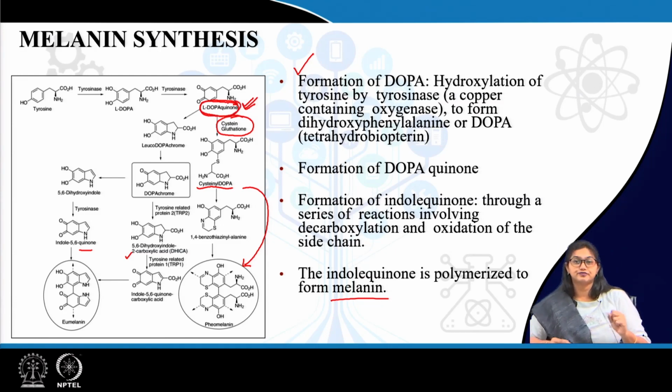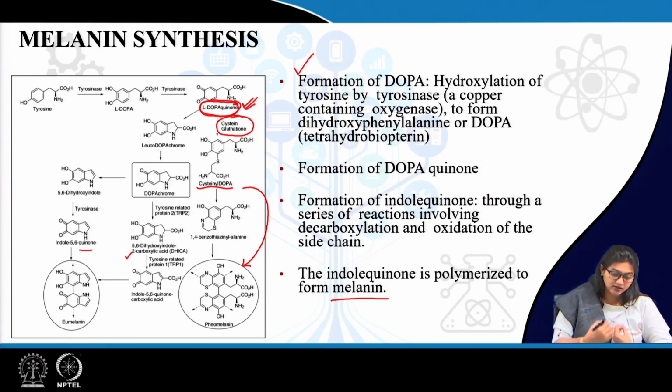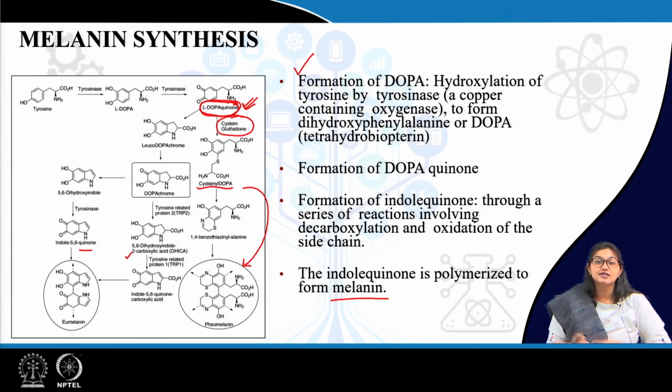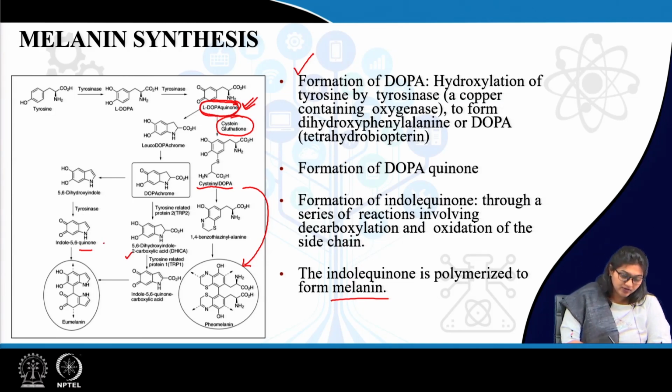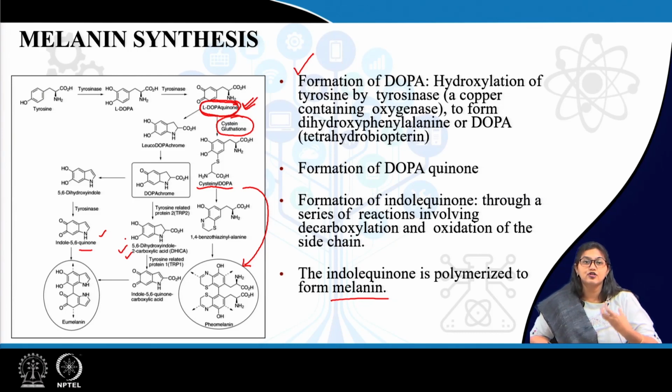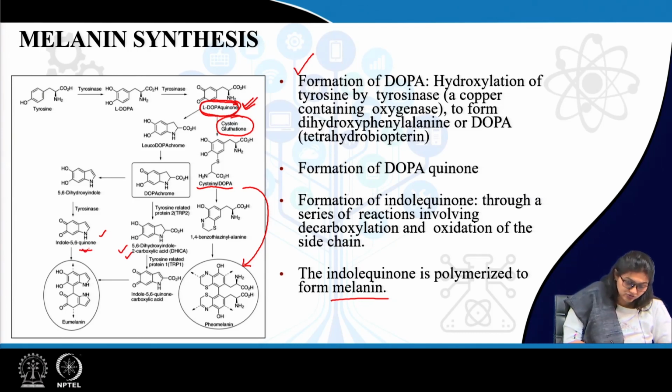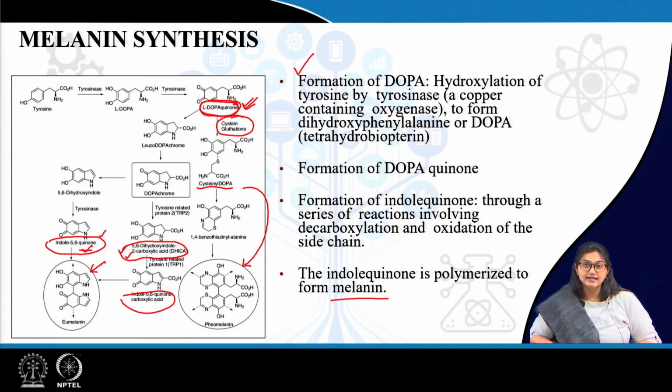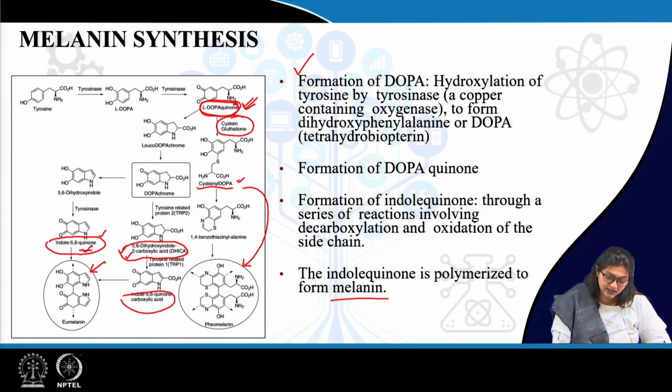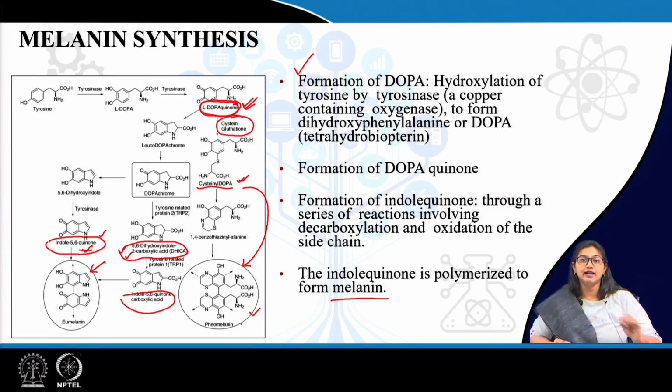In absence of cysteine, through a series of reactions which involve decarboxylation and then oxidation, it forms indole derivatives, indole 5,6 quinone as well as 5,6 dihydroxyindole carboxylic acid, and these two undergo polymerization to form eumelanin, whereas in presence of cysteine, cysteinylation of L-DOPA forms cysteinyl DOPA, which forms the pheomelanin.